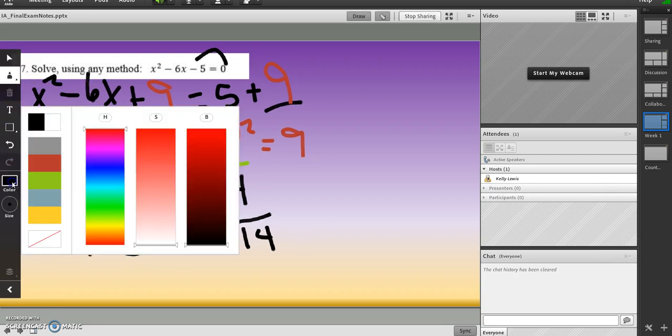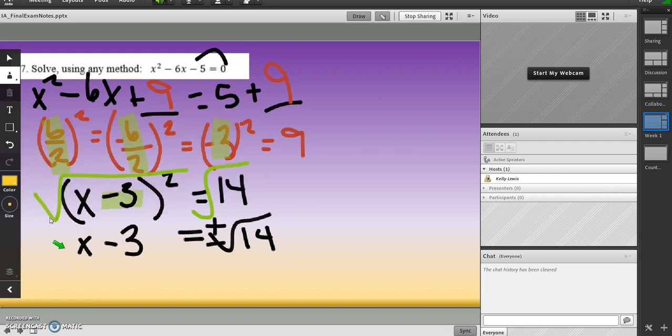Now I'm going to add 3 to both sides. So I get x equals 3 plus or minus square root of 14, which is what I would get on the answer key if I knew that 56 was 4 times 14, not 4 times 13.